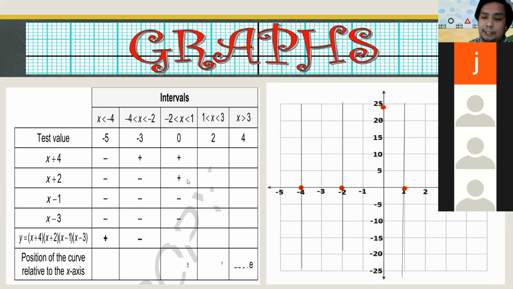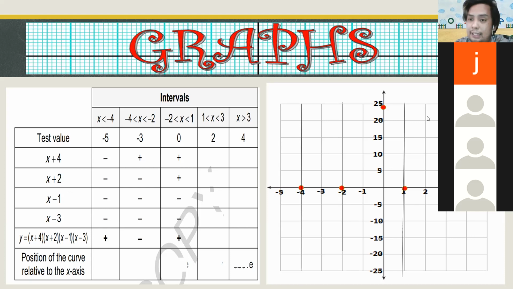Positive times positive is positive. Positive times negative is negative. Negative times negative is positive. So it is positive.